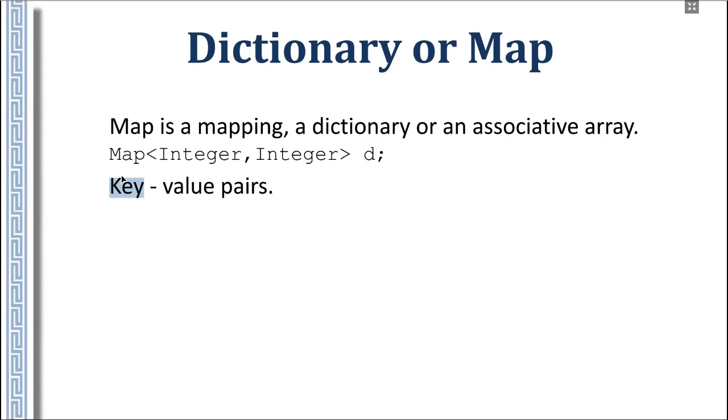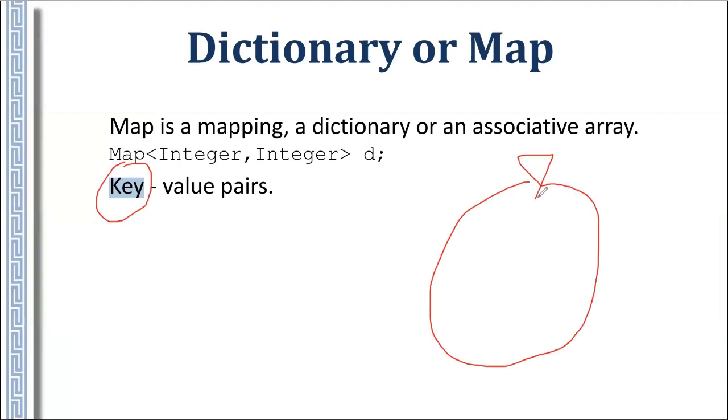So the map is a collection of these key-value pairs, or we can say a set of key-value pairs. In fact, how we implement it, we implement a set of keys. So we have balls, where the key is written, for example, 5, that is the key. But additionally to this ball, we write something additional, some value.